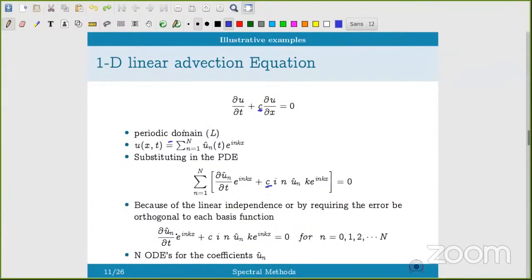So ∂u_n/∂t e^(inkx) + c i n k u_n e^(inkx) is equal to 0. Here u_n depends only on t, so we can take it as an ordinary differential equation. So you have n ordinary differential equations and n coefficients.